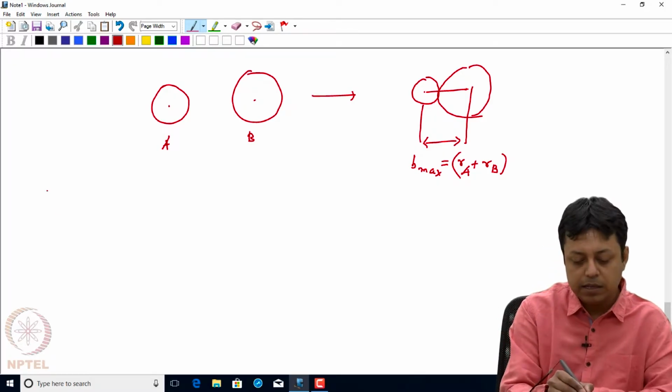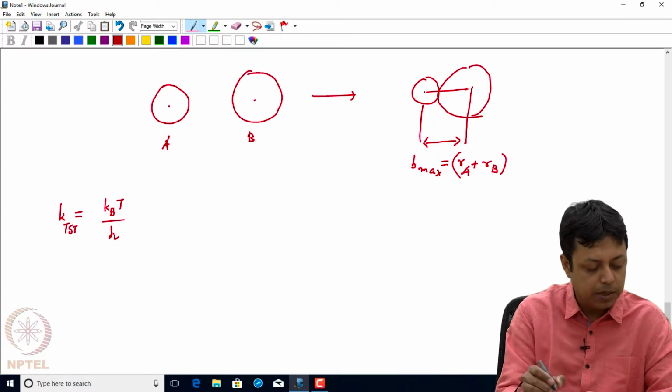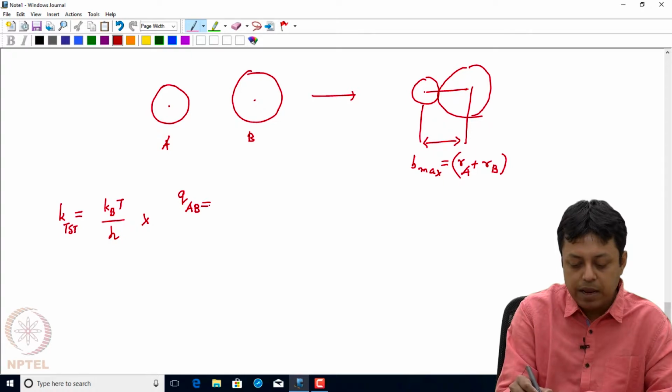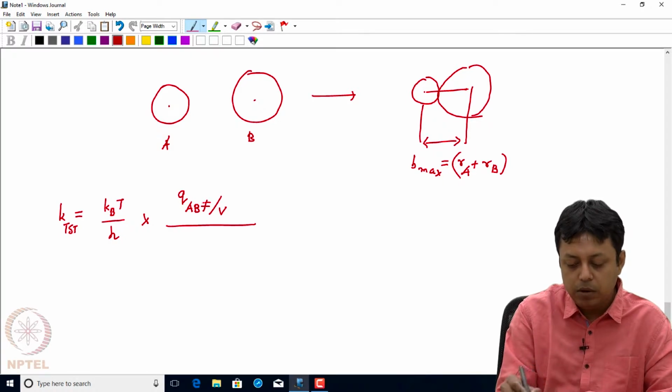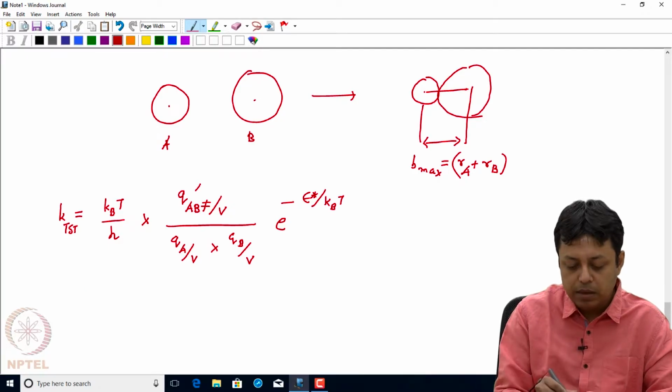Now the expression for the rate constant using the transition state theory is kBT by h, where kB is the Boltzmann constant, times the partition function for AB dagger per unit volume, where we have taken out one vibrational degree of freedom, divided by QA by V into QB by V into e to the power minus E star by kBT.